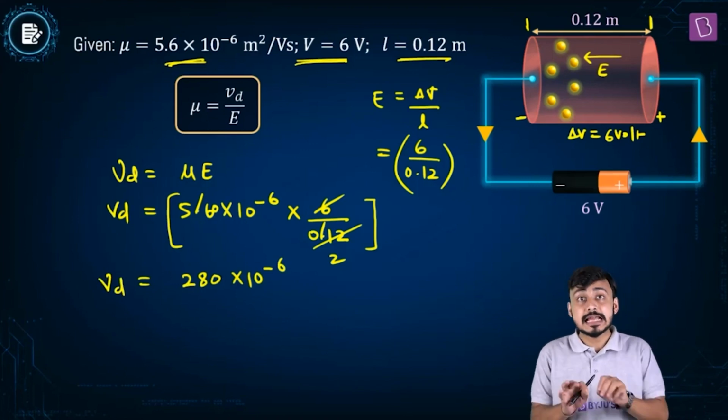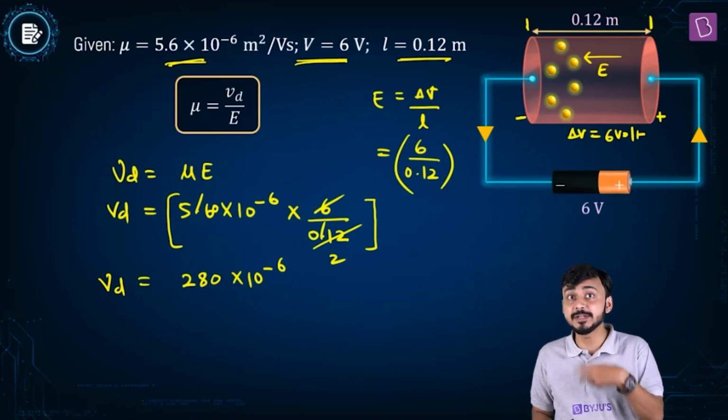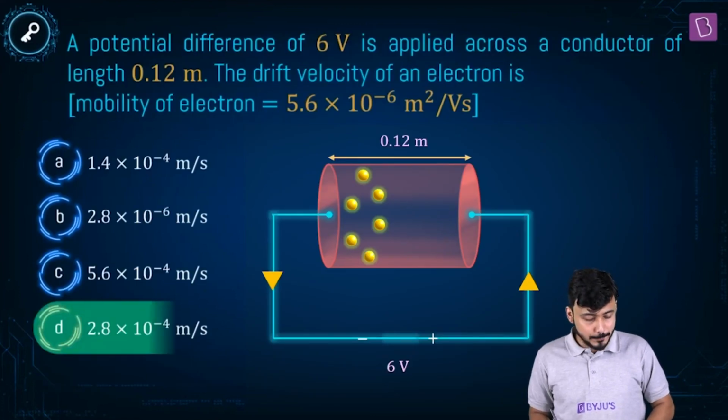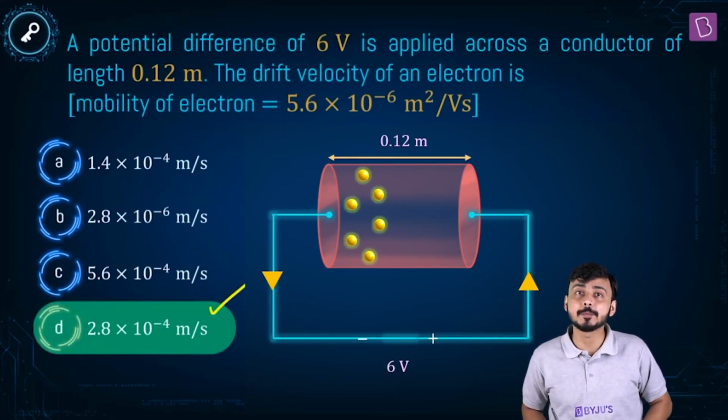The SI unit for Vd, drift velocity, is meters per second, correct? So the answer here is 2.8 into 10 raised to power minus 4 meters per second. Let's look into the options now. Option D in this case will be the correct option.